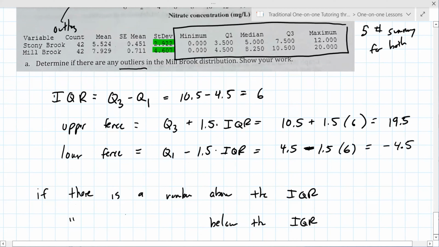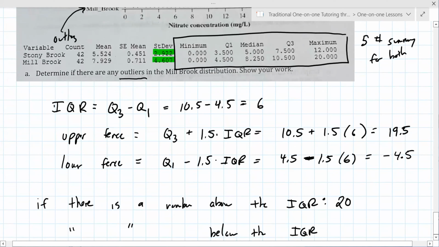So there is a number above the fence, and that is this 20. Okay. So whenever they ask you if there's an outlier, there usually is, unless you're doing a worksheet. But if it's on a test or quiz, it's like, hey, there's probably one.